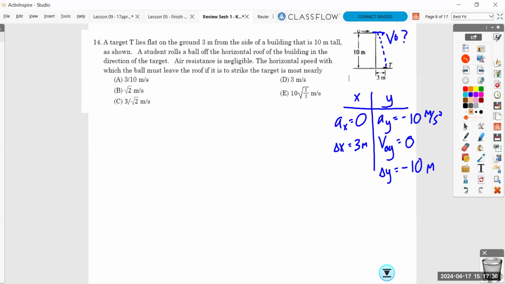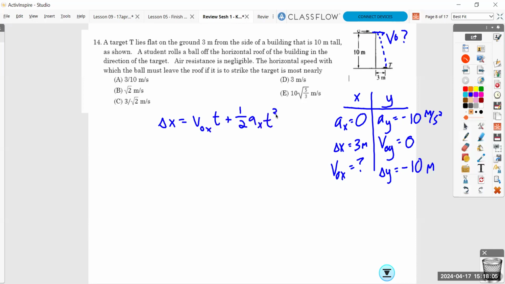All right. So we got all of our bits set up. I want an x velocity. The nice thing about my x direction is there's no acceleration. So if I set up my second kinematics equation, I can do delta x equals v0x times t plus 1/2 ax t squared.